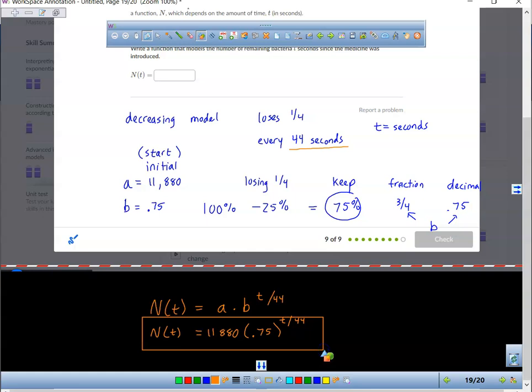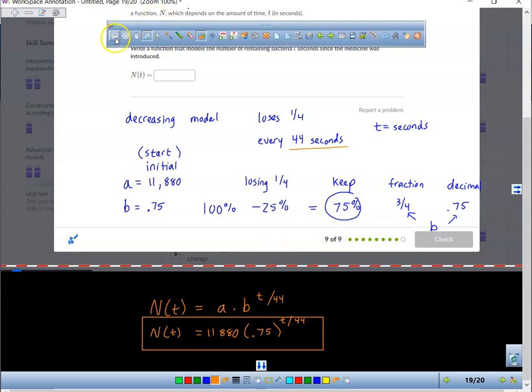Now I'm going to carefully type that in so you can see that that's going to work. Because if you lose 25%, what does that mean you keep? You still keep 75%. If you lose 10%, what do you keep? 90%. If you lose 20%, what do you keep? 80%. If you lose 5%, what do you keep? 95%.